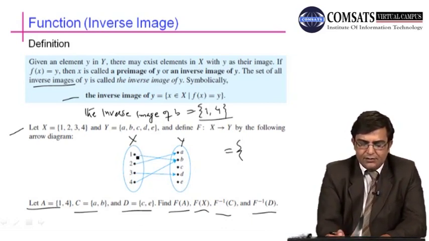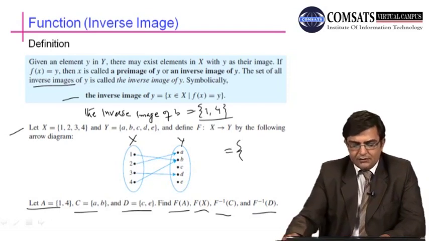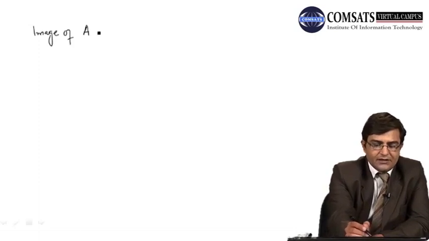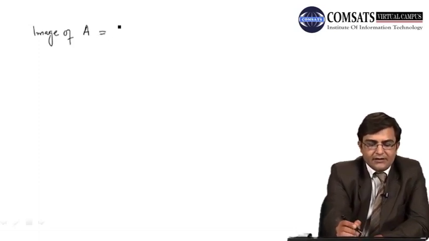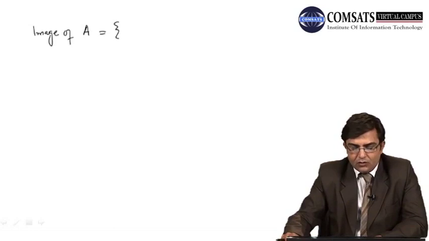The image of 1 is b, the image of 4 is b. So you can say the image of A, where A is {1, 4}, contains only what? B.